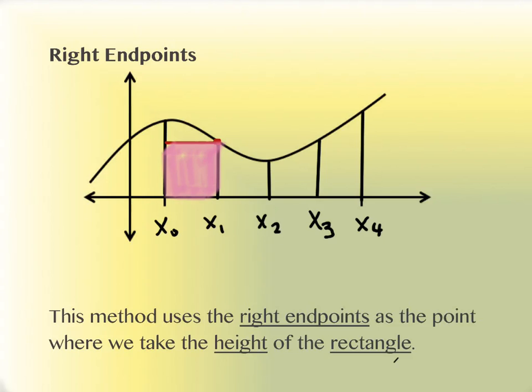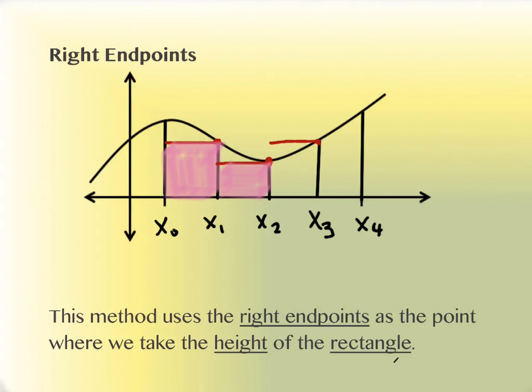The next one, between x1 and x2, the height would be actually at the x2 value, right? It would be right here. It would cut across like that. Again, another underestimate. Between x2 and x3, at x3, right?